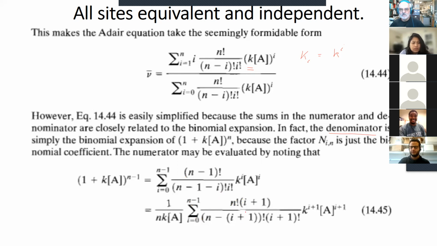He's redefining i as i plus 1. And when you do this, you lose a term, or maybe you gain a term. You gain a term because he's added i plus 1, and we now end up with a K_{i+1}, A^{i+1}.